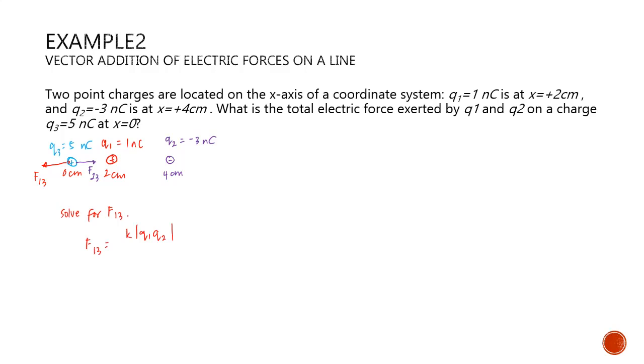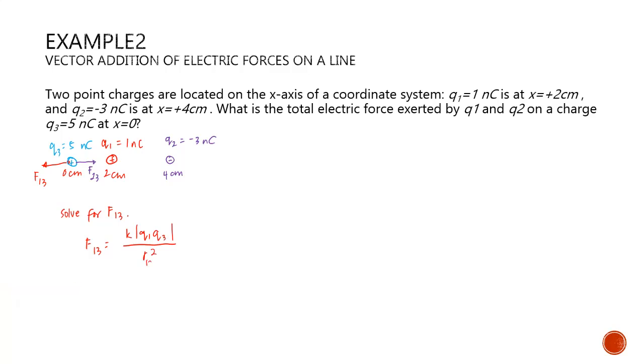You can just get the product and then take the absolute value, which is the same as the other way of writing it. At some point we remove the negative sign, over r squared. So this is for 1 and 3.